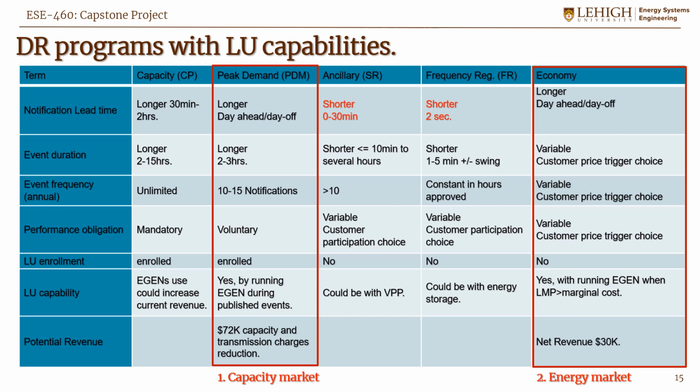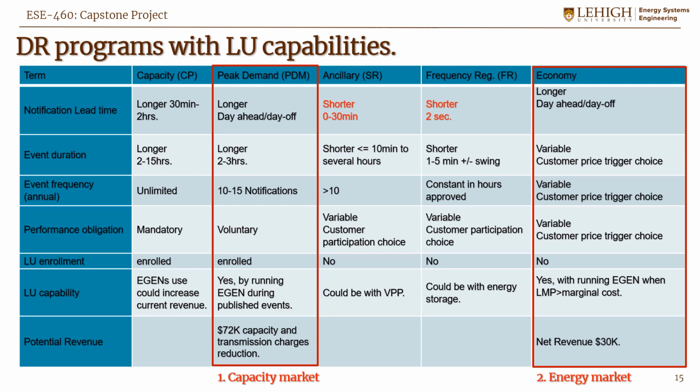This table provides a comprehensive view of different terms and factors associated with demand response programs, showing programs that Lehigh University is enrolled in. There are 5 types of demand response provided by PJM: the capacity demand response, the peak demand response, ancillary service, frequency regulation, and economic demand response program.